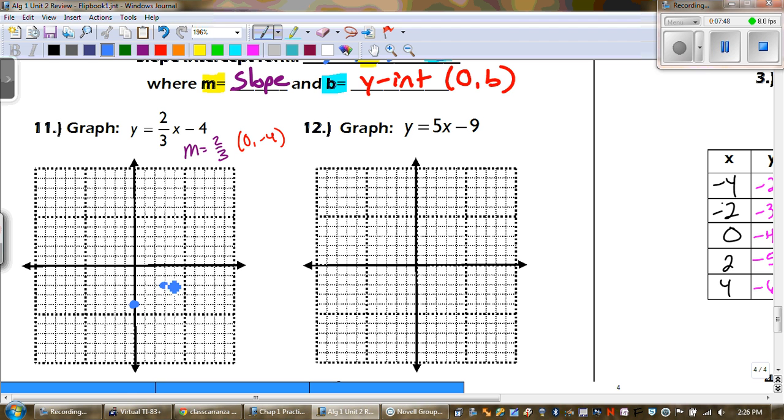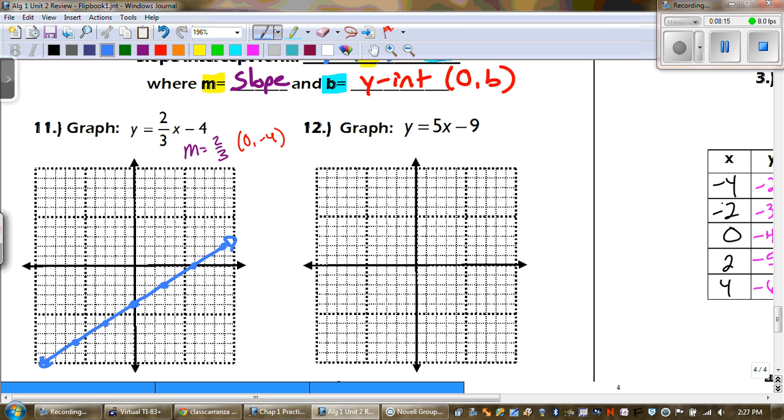Up 2, right 3, up 2, right 3, up 2, right 3, and do a couple in each direction, just because we gotta graph it the entire way anyways. Okay? So now that I've got my line, I'm gonna go ahead and draw it with my straight edge.